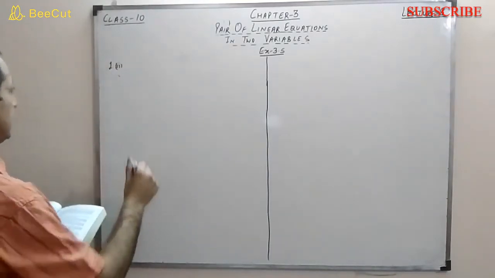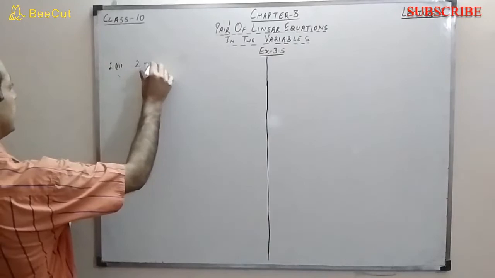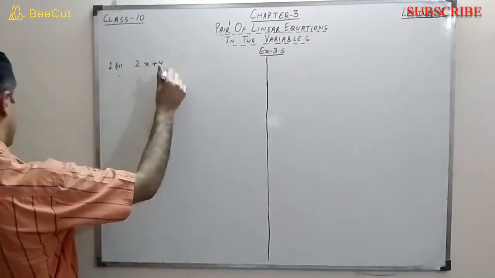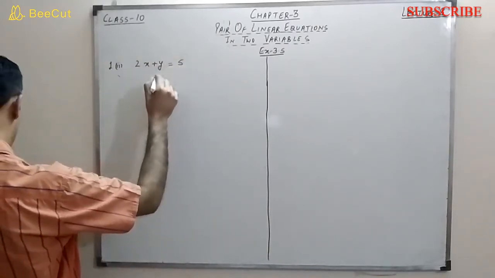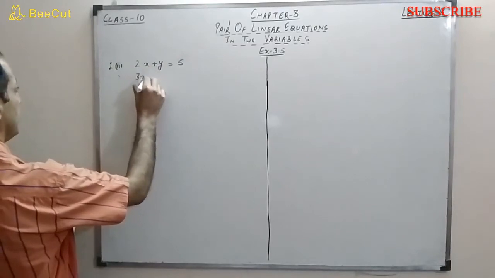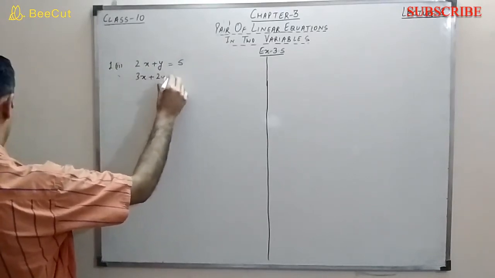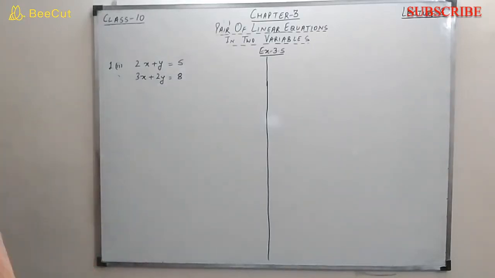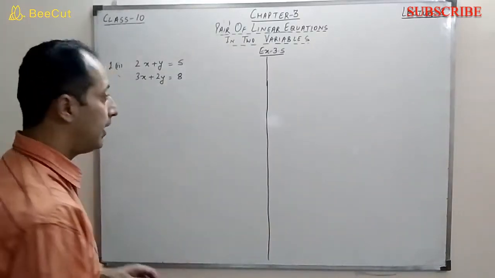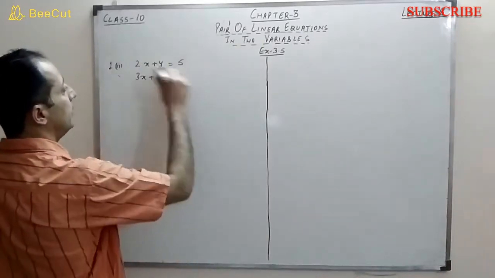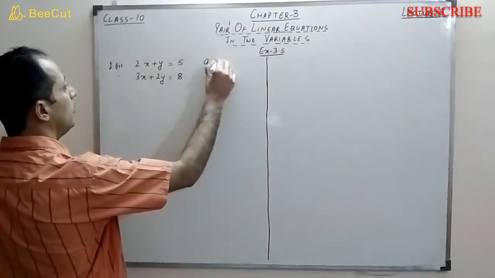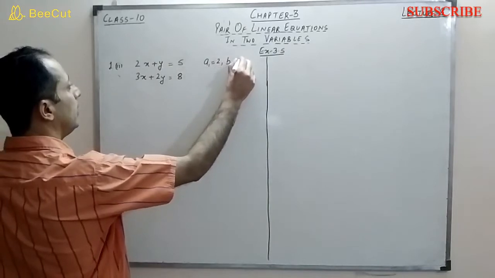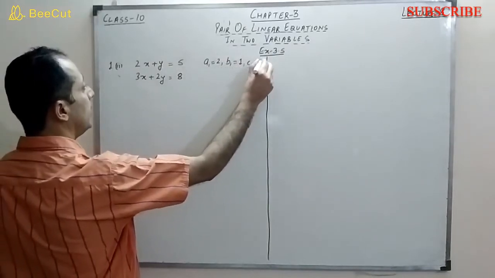So it is given as 2x plus y equals to 5 and 3x plus 2y equals to 8. Now what we have to do, we have to find the consistency. For that I write the value of a1 from here. a1 will be 2, b1 will be 1 and c1 will be 5.